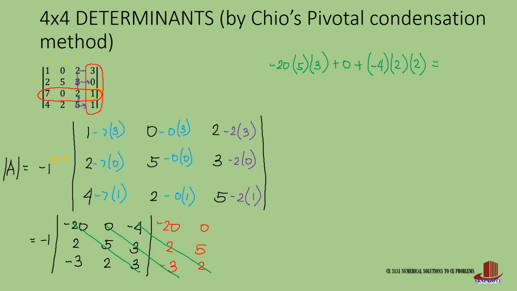So taking our values, we would have negative 20 times 5 times 3 minus 4 times 2 times 2, giving us negative 316.